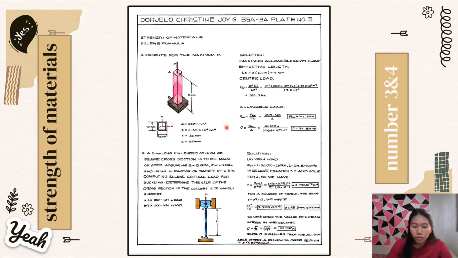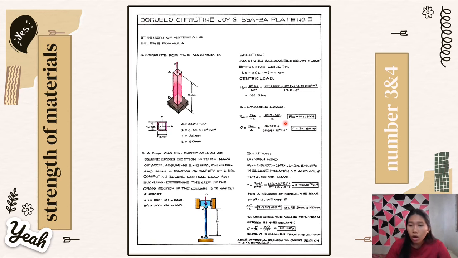So for the critical load, Pcr is equal to pi squared EI all over Le raised to 2, is equal to pi squared times 200 times 10 raised to 9 Pa times 3.33 times 10 raised to negative 6 meter raised to 4, all over 4.8 meter raised to 2. So the answer is 285.3 kilonewton.